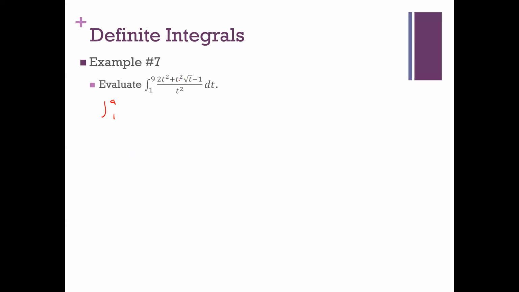I have no idea how I would integrate that directly, but what we can do is this. I can look at this in terms of 3 separate functions, all integrated over the interval from 1 to 9.